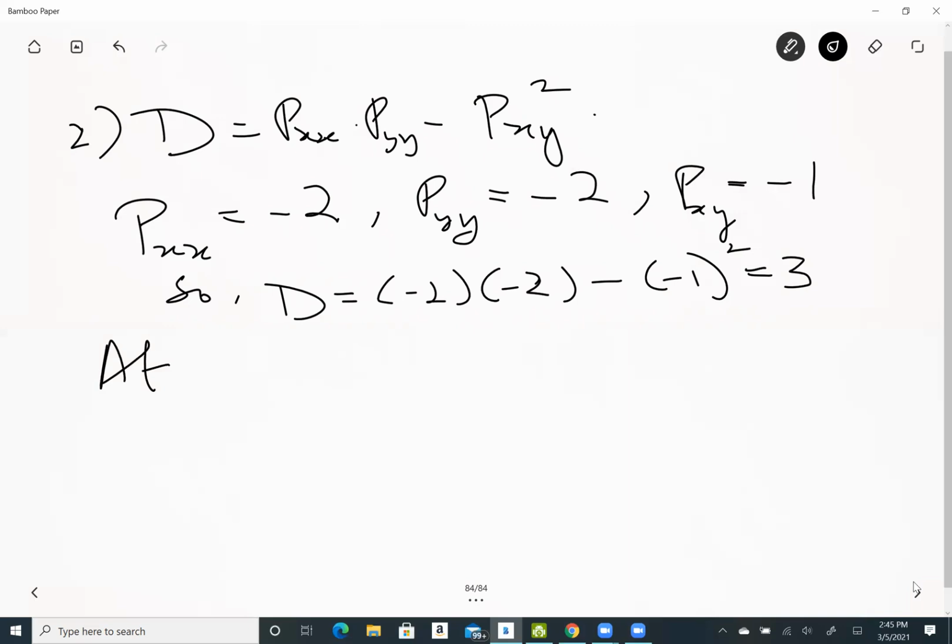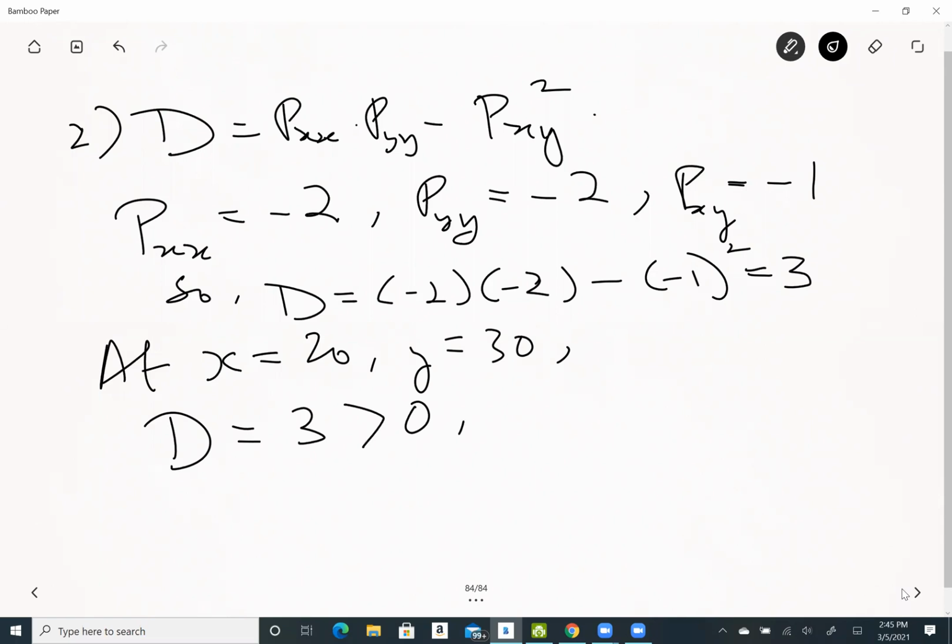So you evaluate at the point where you get the solution, at x equal to, what was it? x equal 20 or 30? 20, sir. Okay, x is 20, y? 30. Okay, 30. Since everything is a constant, D is again equal to 3, and that is positive.